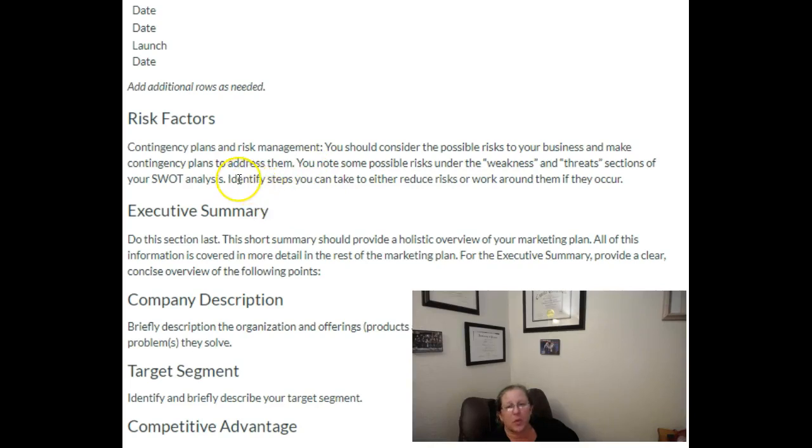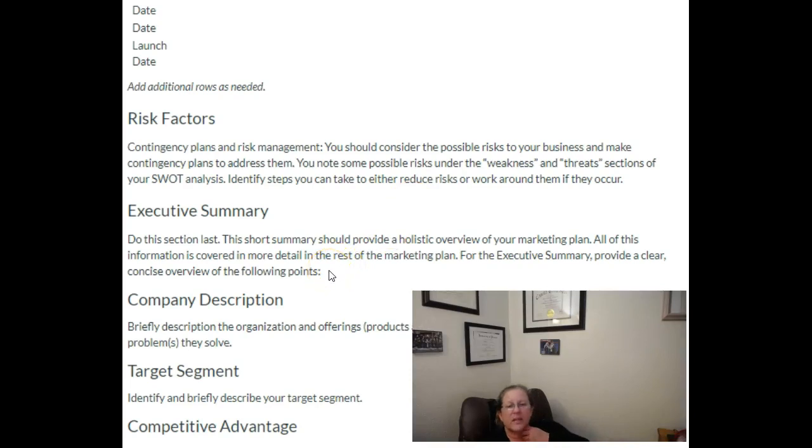Consider any possible risk to your business and make contingency plans to address them. Remember that you did address risk under weaknesses and threats of the SWOT, so this will be a good time to review that and just to try to identify steps you could take to reduce that risk, or what you might do as a workaround if something did happen.